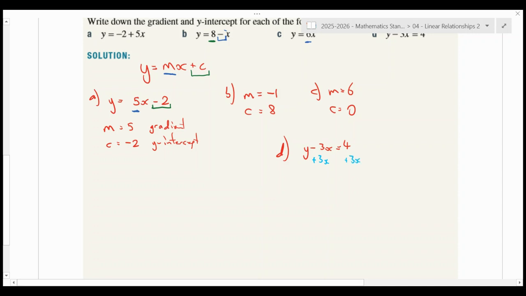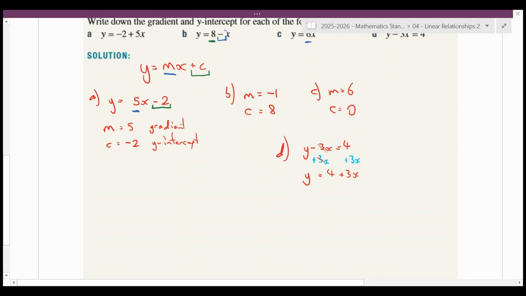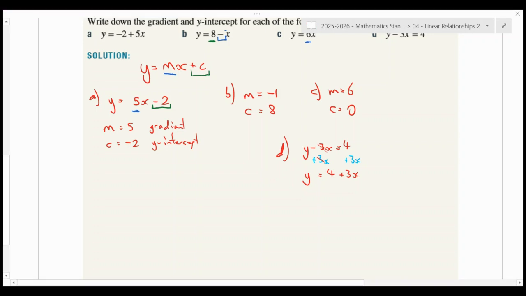We add 3x to both sides. So over here you end up with y, because those will cancel each other out, equals 4 plus 3x. Now it's just a case of looking at it and going, all right, well, I can see that my constant is going to be 4. My coefficient of x is positive 3, which means my gradient is 3, and my y-intercept is 4. And that's all there is to it.